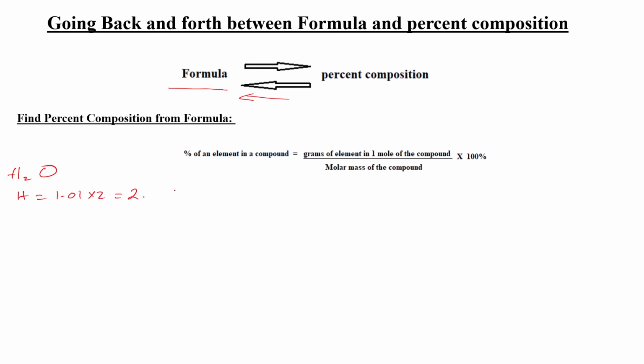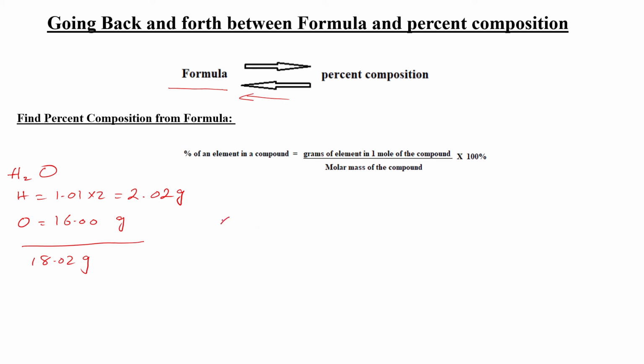So the mass of hydrogen element in 1 mole of water is 2.02 gram. Mass of oxygen in 1 mole of water is 16.00 gram, and the molar mass of water is 18.02 gram. So these are our numbers, right?